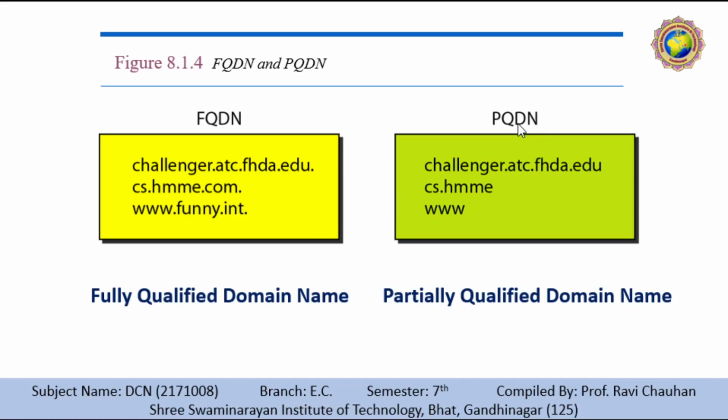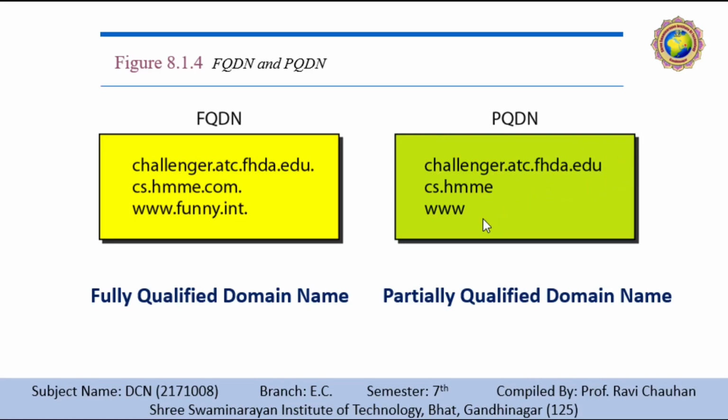Next is the PQDN, meaning partially qualified domain name. If a label is not terminated by the null string, it is called a partially qualified domain name. You can observe that the domain name does not have a dot at the end. Generally it is the most familiar, as you see it in recent times.